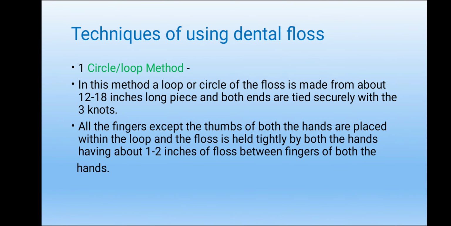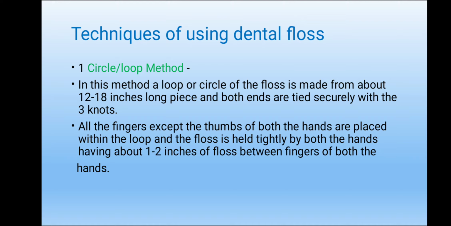Technique of using dental floss. We have two techniques. In both techniques, a 12 to 18 inches long piece of floss is taken. But in this technique, the circle or loop method, this 12 to 18 inches long floss is tied securely at the ends with three knots.